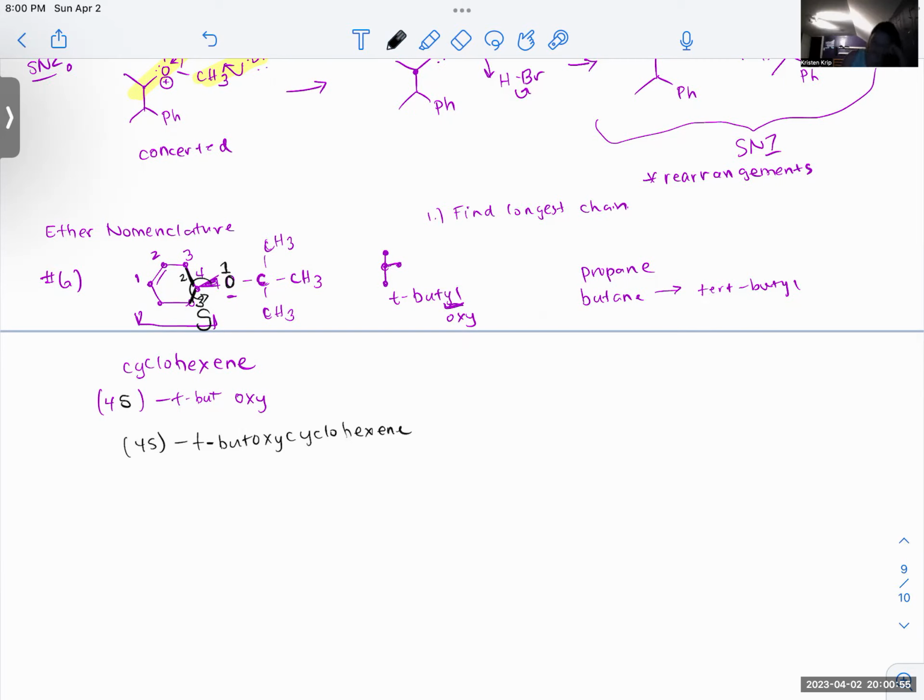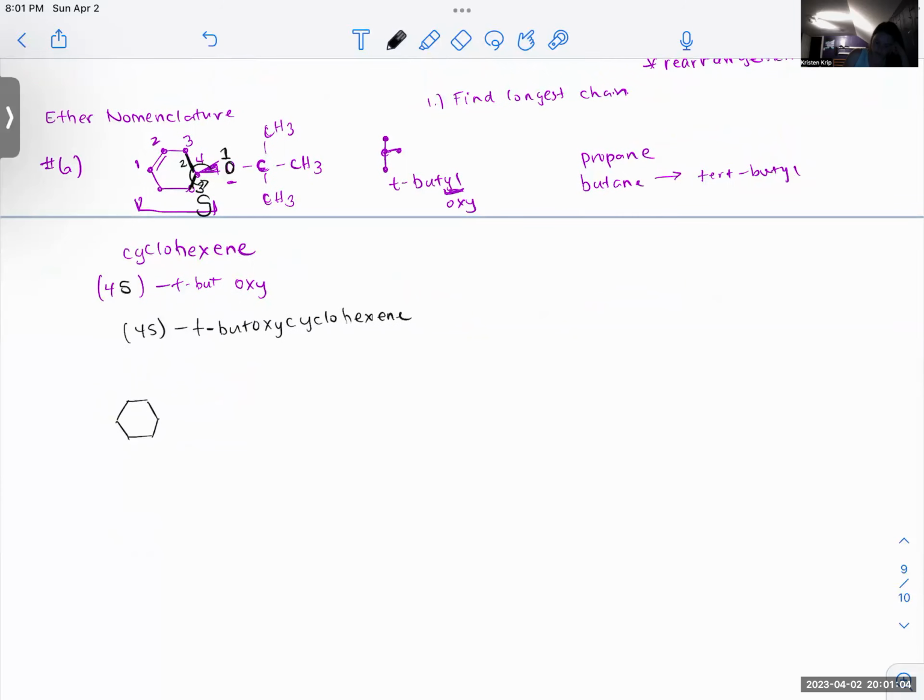So we have this. We have HBr and heat. And that is not going to create this. The problem here is that all of these carbons on the benzene ring are sp2 hybridized.